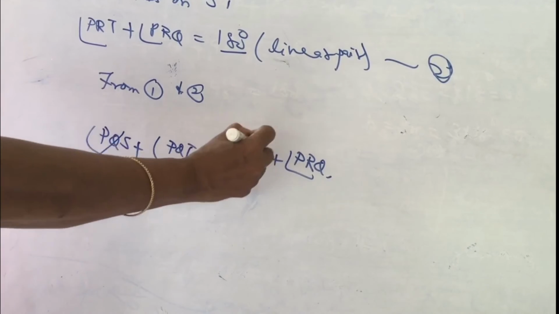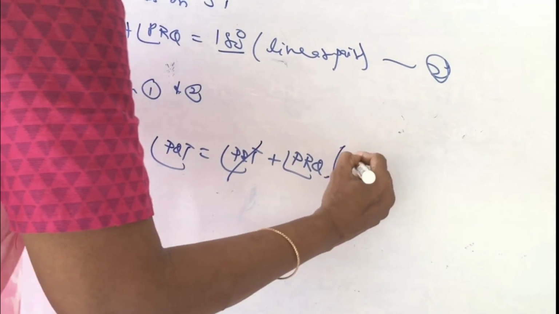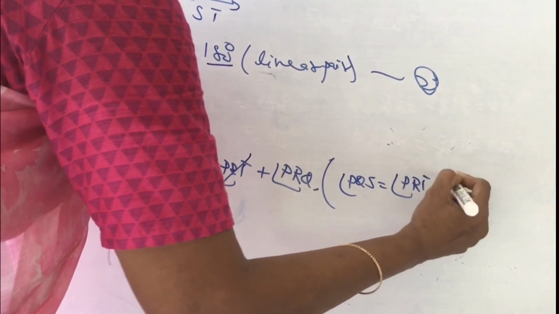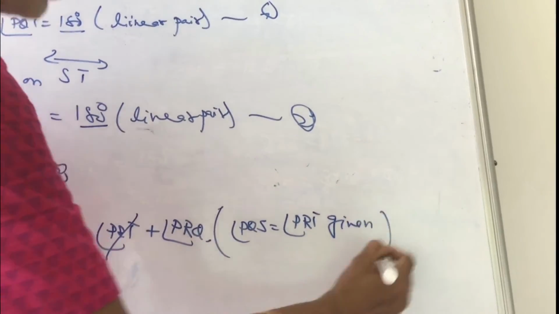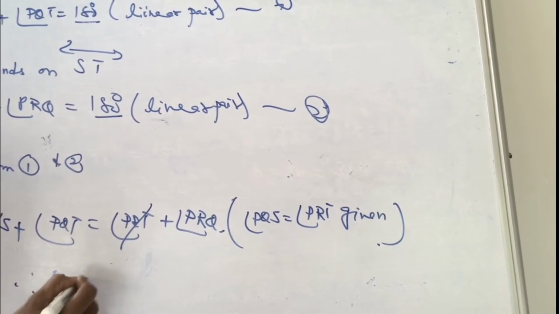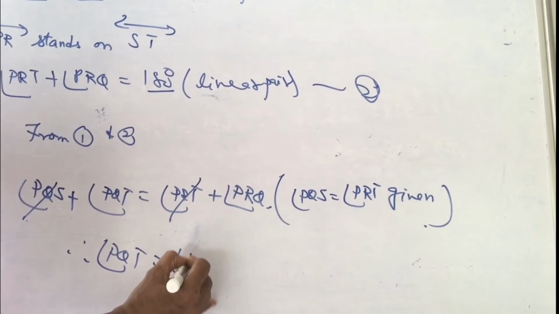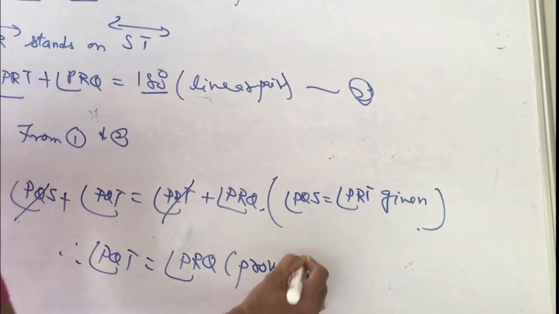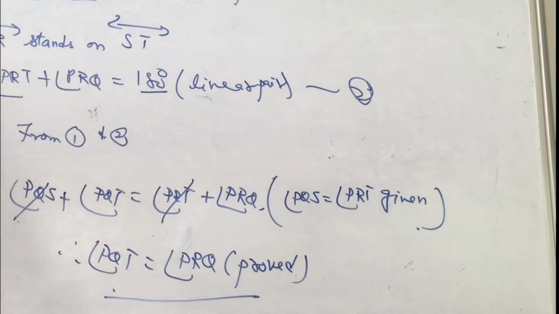PQS and PRT. Why? Angle PQS is equal to angle PRT. It is given in the question. That is why I have cancelled. So what is left, children? Angle PQT is equal to angle PRQ. If you get the answer, you must write proved.